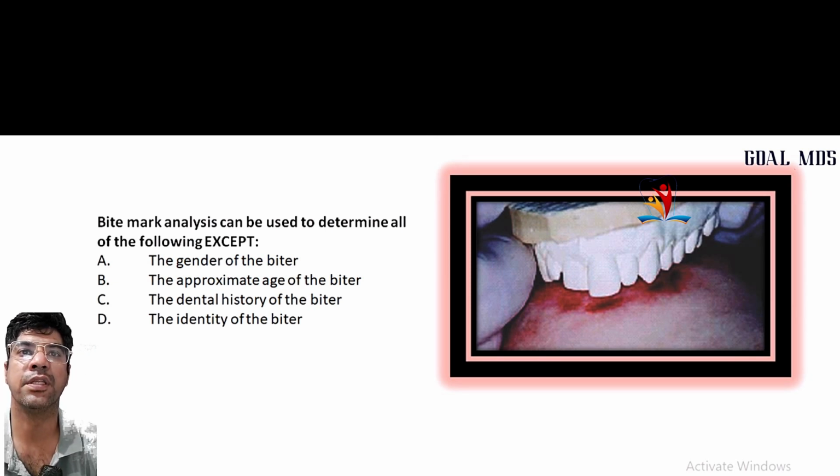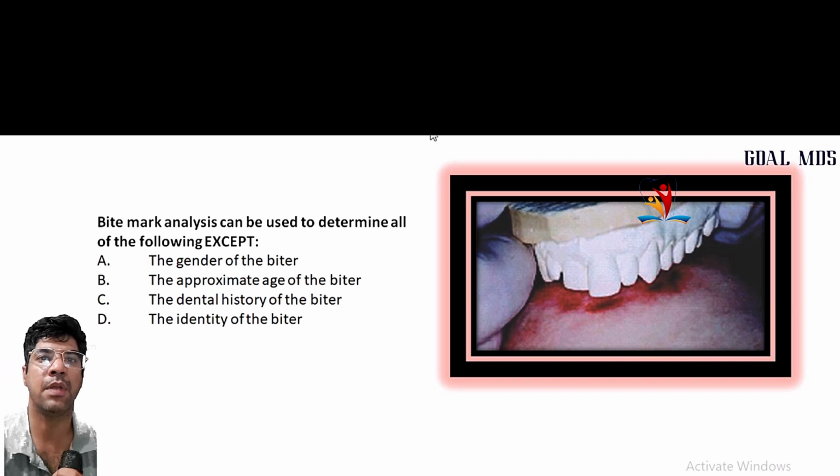Moving to the next question. The bite mark analysis can be used to determine all of the following except: the gender of the biter, the approximate age of the biter, the dental history of the biter. The first option is the gender of the biter.